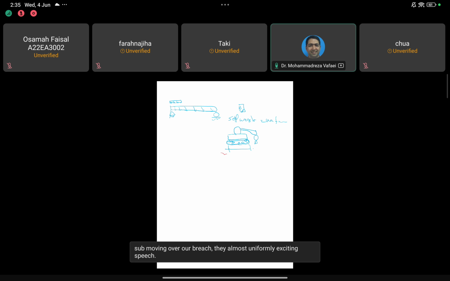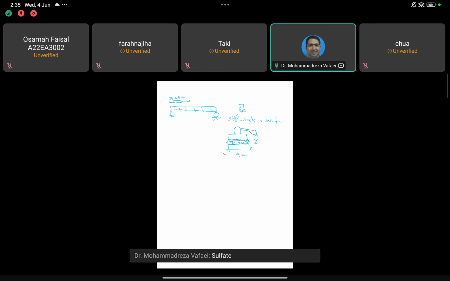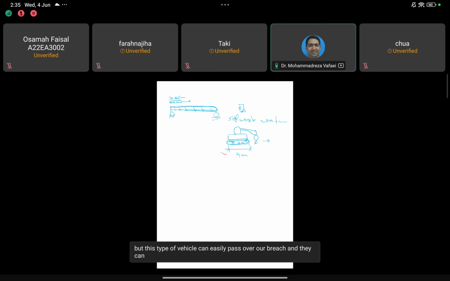The length of this can be anything, let's say 4 meters, and they may have a different intensity, let's say 20 kilonewton per meter, with a length of 4 meters. So they pass over the bridge. Self-weight is always there, doesn't move, but this type of vehicle can easily pass over our bridge, and they can initiate axial force, shear force, and anything inside our structure.